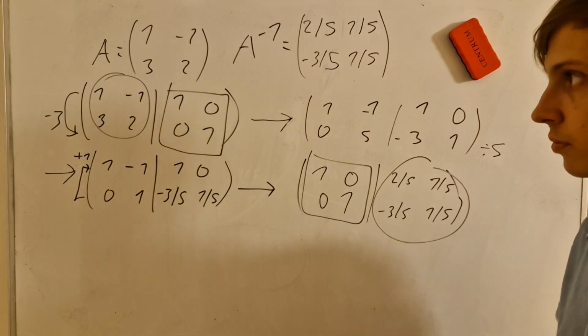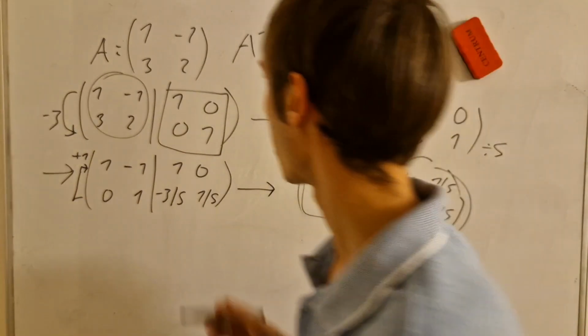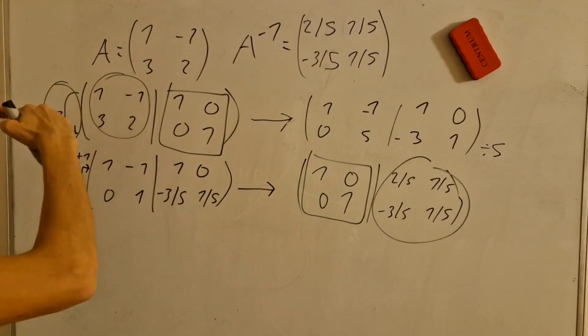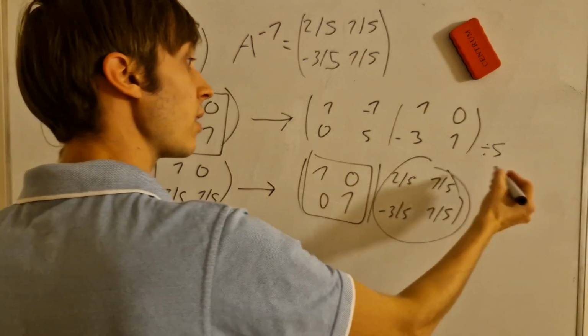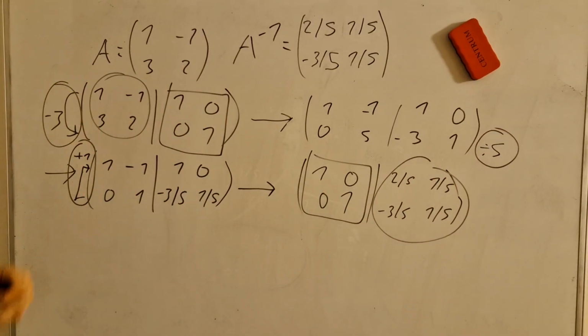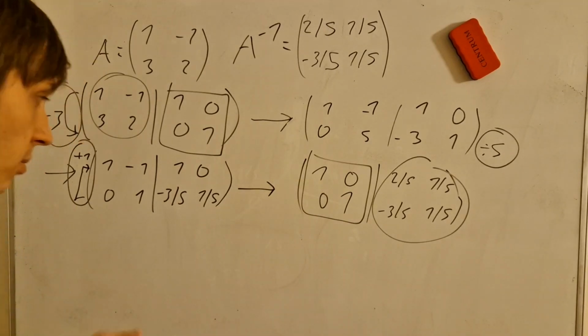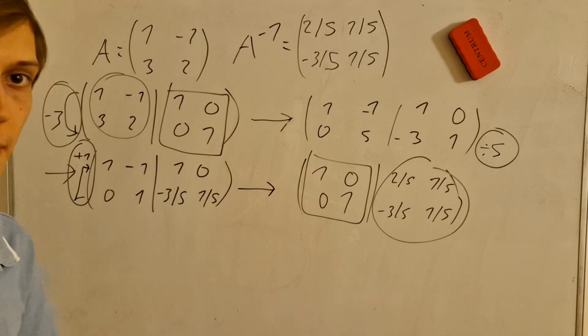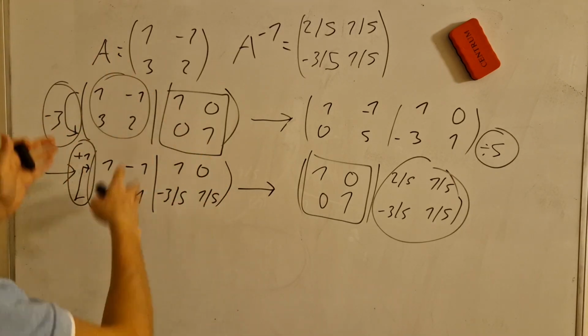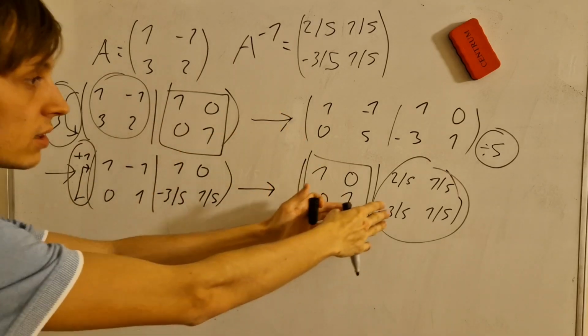So what we did here is we took the original matrix and we added the first row minus 3 times to the second. Then we divided the second row by 5. Then we added the second row once to the first. That's it, 3 steps. And I want to express it as a multiplication by some matrices. In this case of the same dimension, we have 2 by 2 matrices multiplying A from the left to give the final result as the inverse.